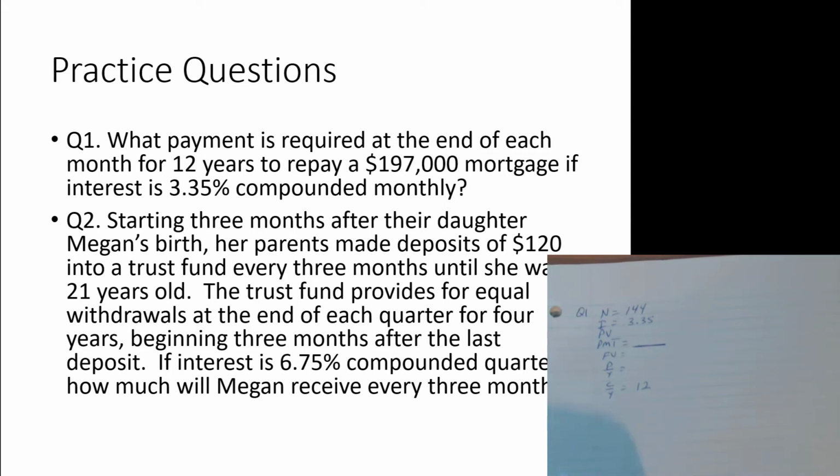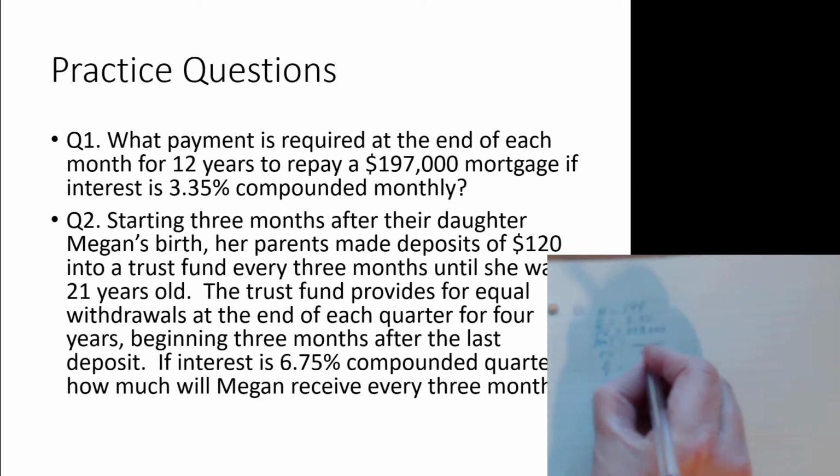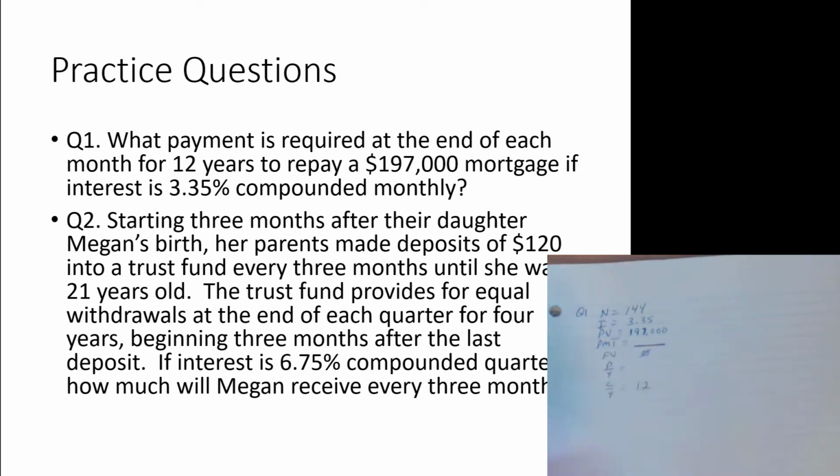Present value, that's the amount of the mortgage. Now that's a positive because that was money that came to us to buy whatever it is that we were buying here. So money coming towards us. Payment's what we're looking for. Future value, any lump sum payment owing at the end, doesn't appear to be, and the lender hopes that we paid it all off. And what was that payment frequency?